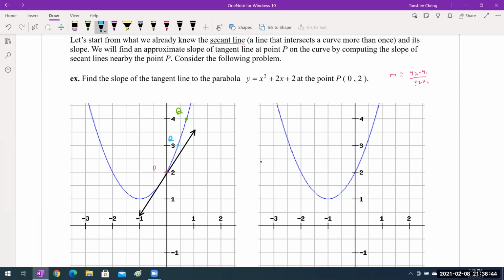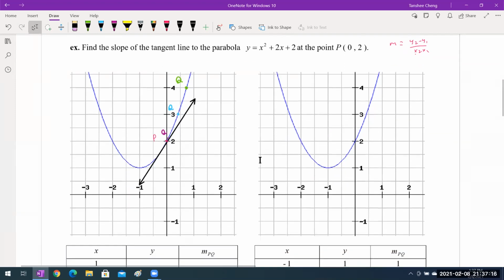And if I move Q very, very close to P, these two lines have just a tiny bit of slanting difference, meaning their slopes are much closer. So we want to find a numerical value to predict what the slope of the tangent line is going to be.